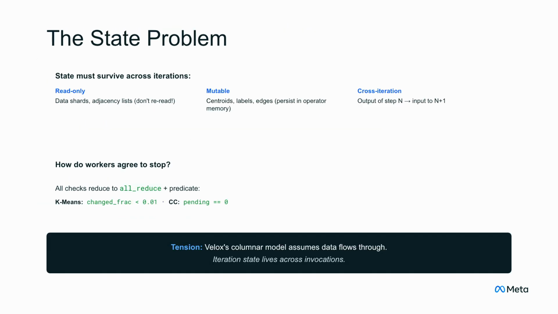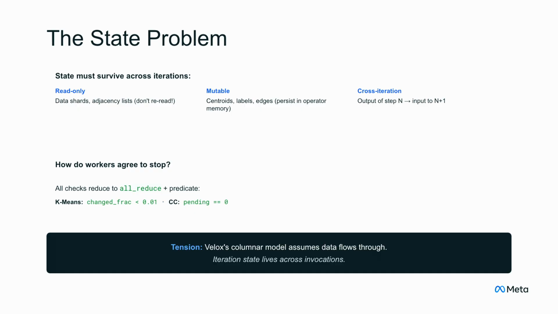Okay, now let's look at 2 different challenges of the design. The first challenge is the state. Velox is built for single pass queries, which means the data flows in, gets processed, and then we are done. But for iterative workloads, it's different. We need to handle the data across iterations.